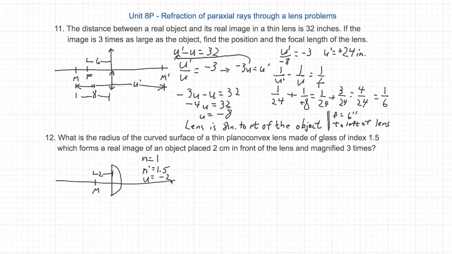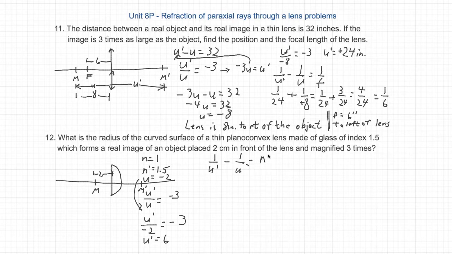Our object distance is -2 from lens to M. And the magnification is -3, again negative because a convex lens produces an inverted image. So we can solve for U prime, and we find U prime equals 6 inches.